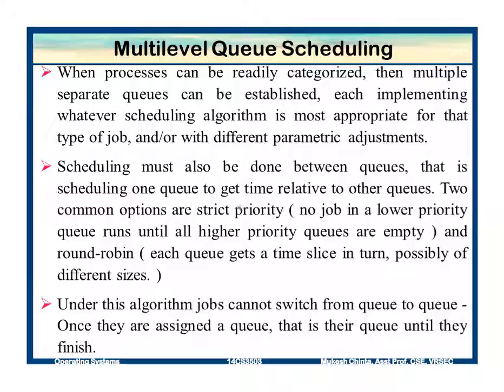Two common options are strict priority, where no job in a lower priority queue runs until all higher priority queues are empty, and round robin, where each queue gets a time slice in turn, possibly of different size.